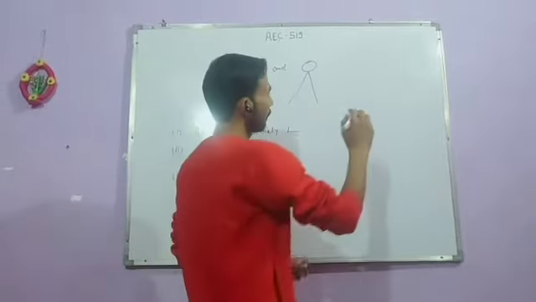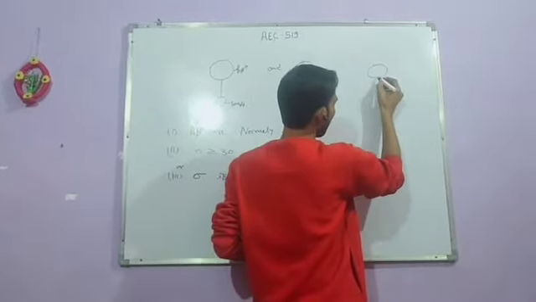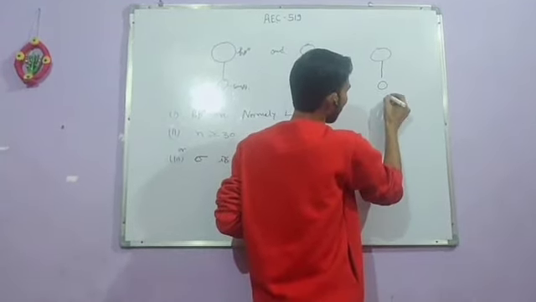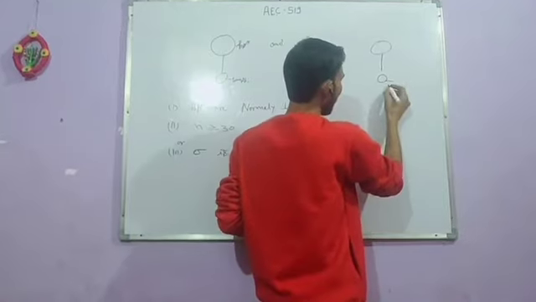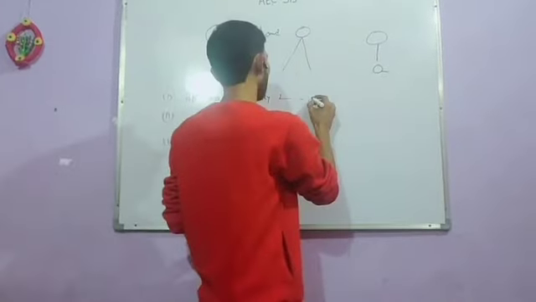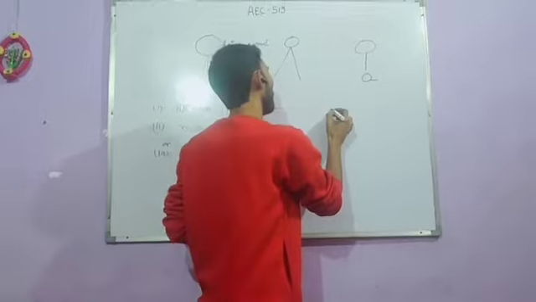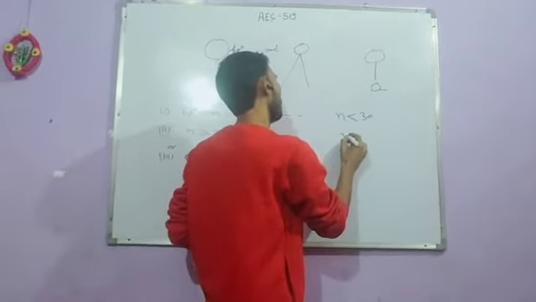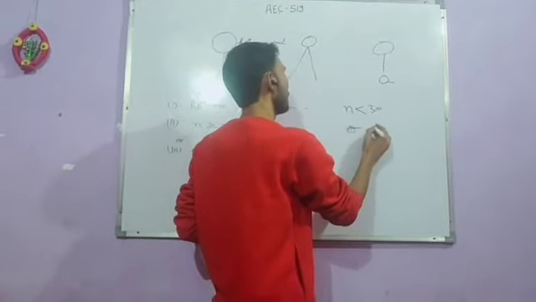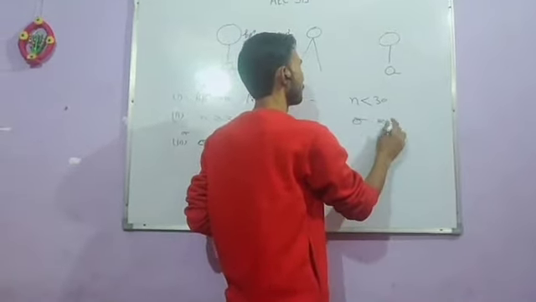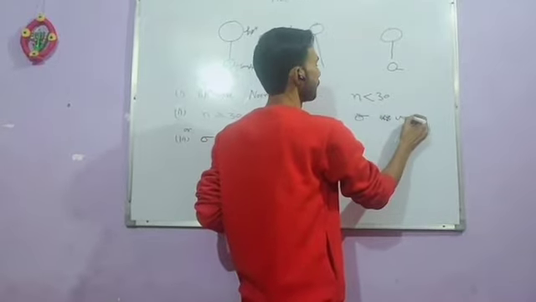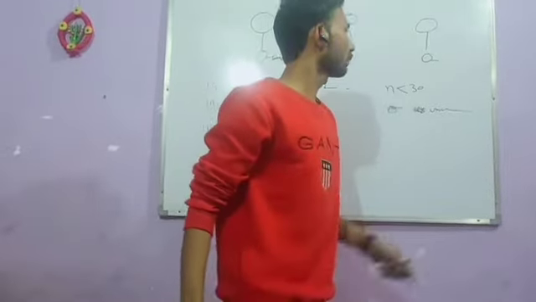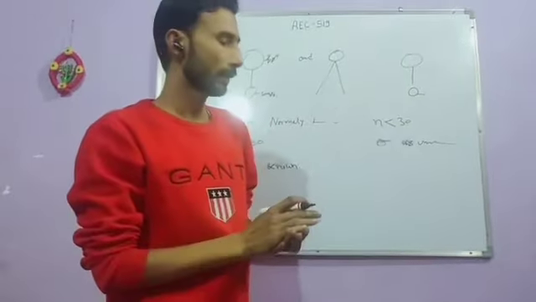Dear students, suppose we draw one sample from a large population with the assumption that n is less than 30 and the population standard deviation is unknown. With these two assumptions, we use the student t-test.